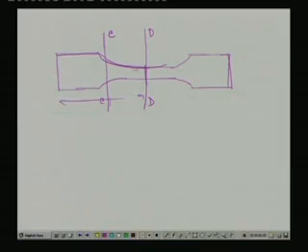Whereas at this particular section, the bending moment will be small compared to what we get at D. Let us write: bending moment at C will be smaller than the bending moment at D, but at the same time we are having a change in dimensions, which will create a stress concentration at this zone.